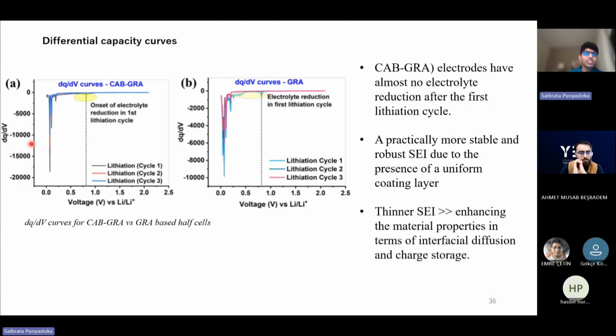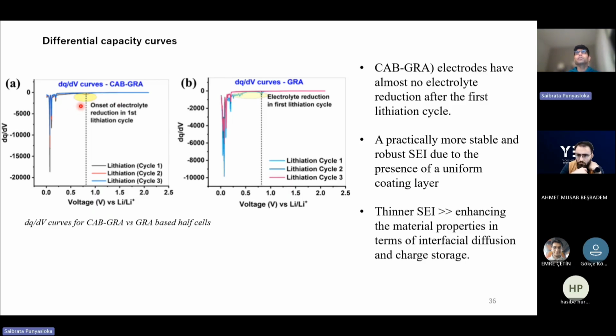And then more into differential capacity curves. At 0.05 C, a very slow rate, we are looking into the degradation of the electrolyte itself. In normal graphite, in all three cycles there is some amount of degradation taking place, but when we coat it with CAB, there is just a very slight amount of degradation in the first cycle.